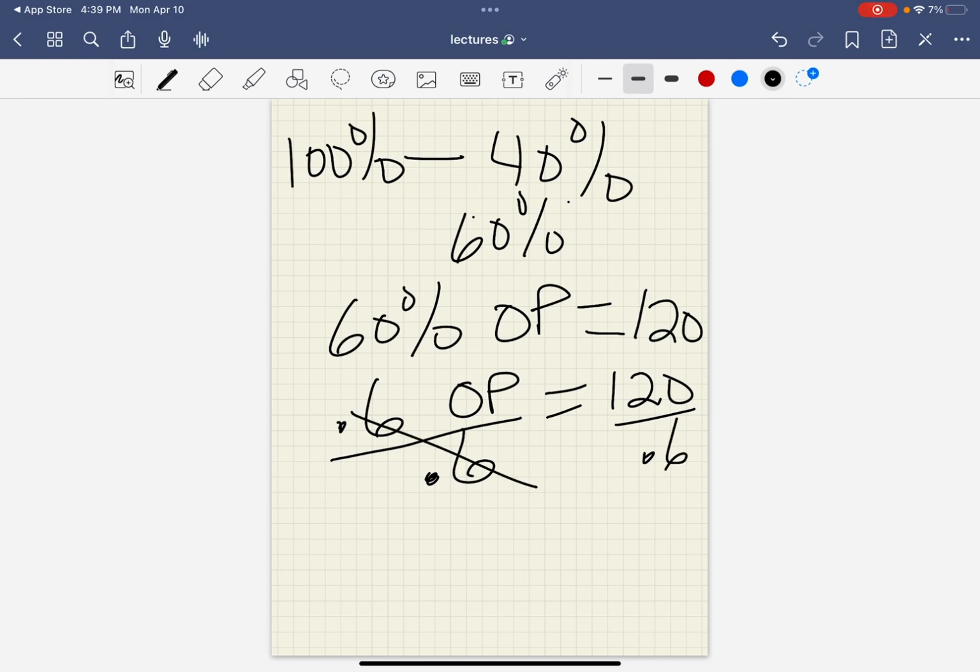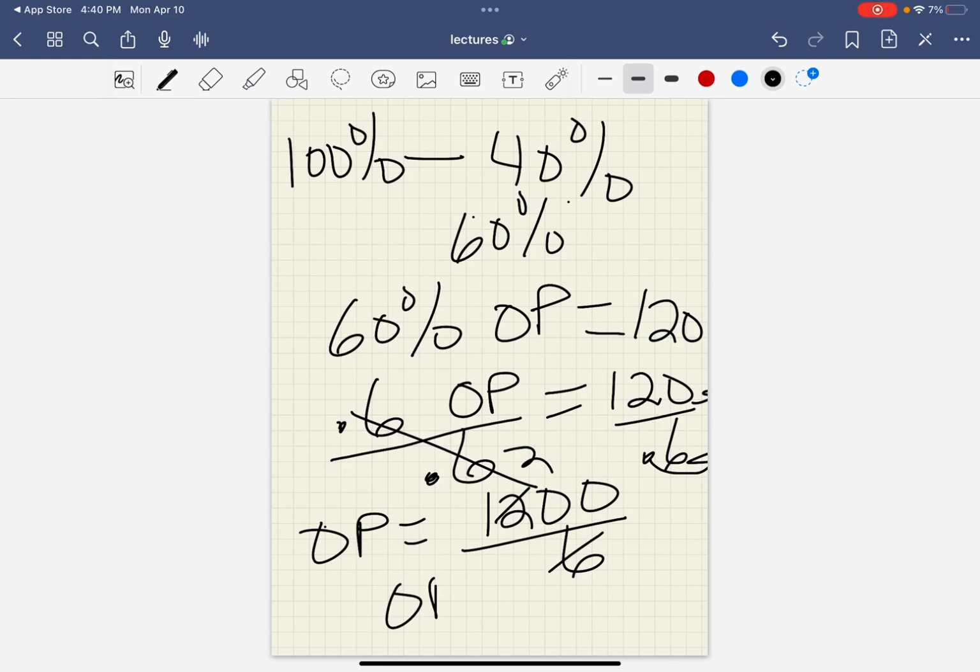So there it cancels, giving us that the original price is, if we move this decimal over one place, means we'd have to move it over one place up here. So it would be, add another 0, down here divided by 6. And 6 goes into 12 2 times, so the original price was $200.